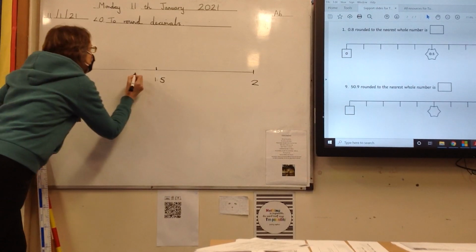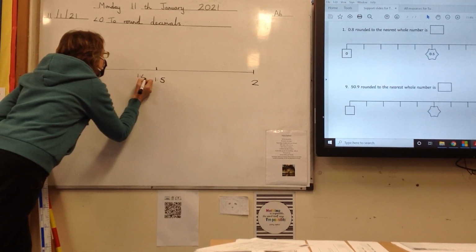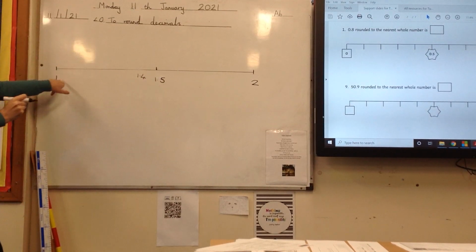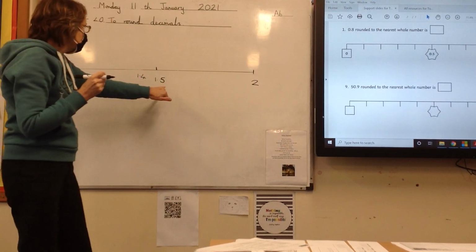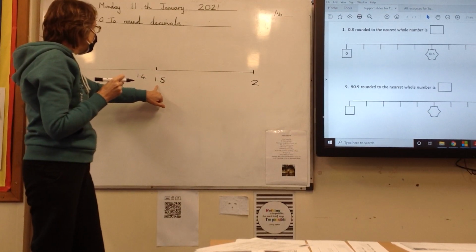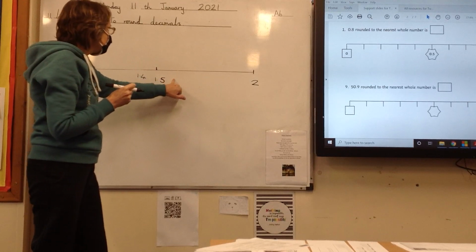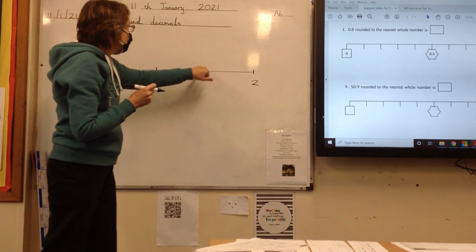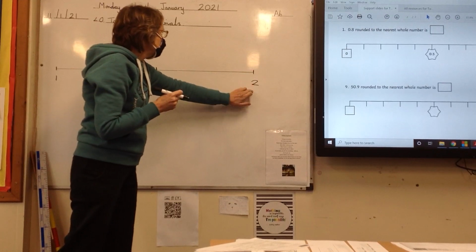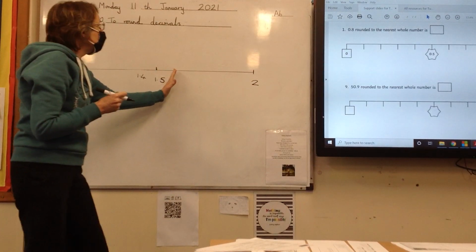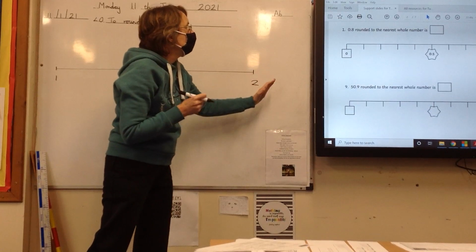So even if it was right up here at 1.4, it's still nearer to 1 than it is to 2. Right, count again with me from 1.5, 1.6, 1.7, 1.8, 1.9, 2. So any of those numbers would move up.